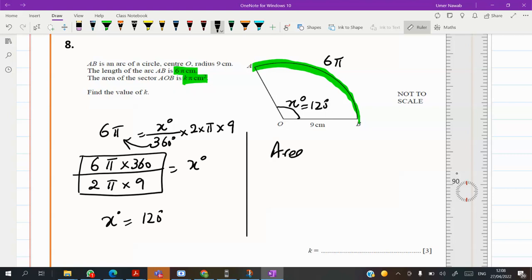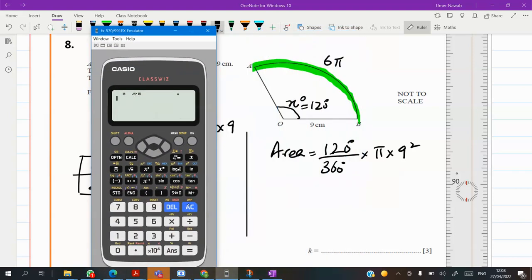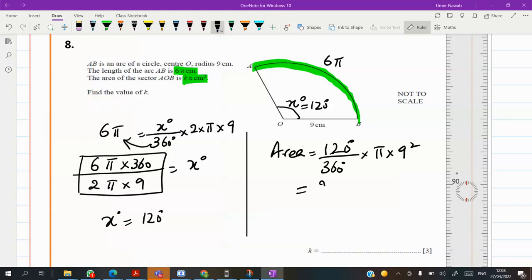So area of a sector is 120 divided by 360 times pi, and the radius is 9 squared. So let's try. 120 over 360 times pi times radius squared, which is 9 squared, and it gives us the answer 27 pi.